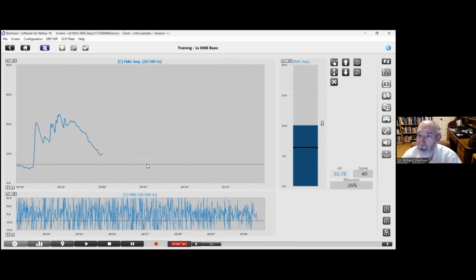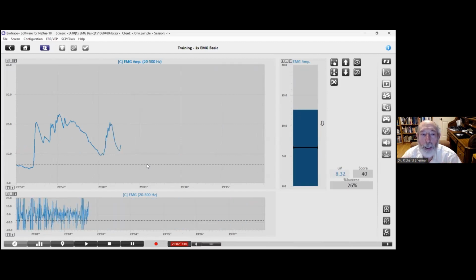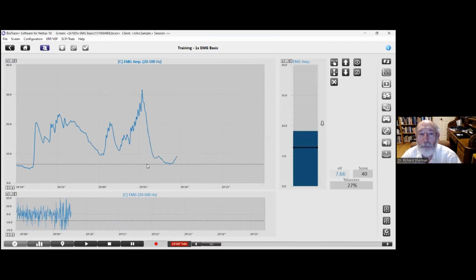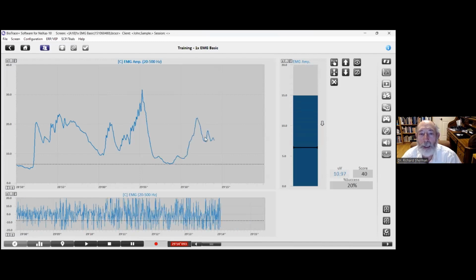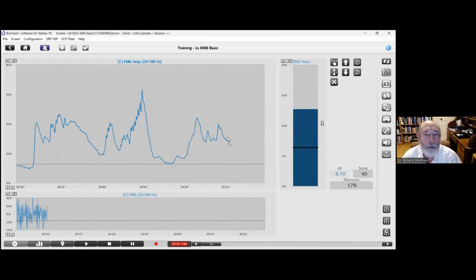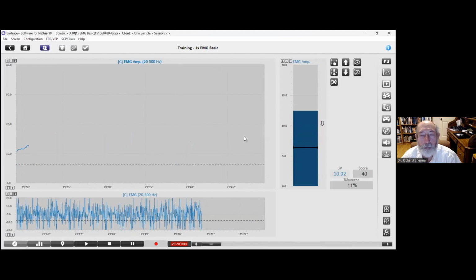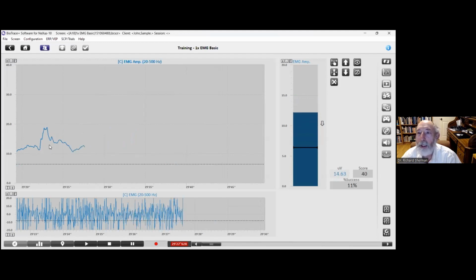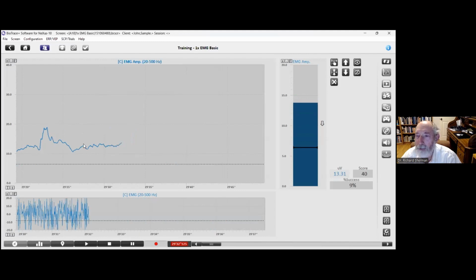But this is kind of useless because people aren't hooked to a machine all the time. What you do is you have people look at the tension level they've got. So let's say tension level is up here around 6 or 7 microvolts. You have them look at this and recognize how it feels. They're using their imagination. And then they close their eyes and they try to go to that same level.